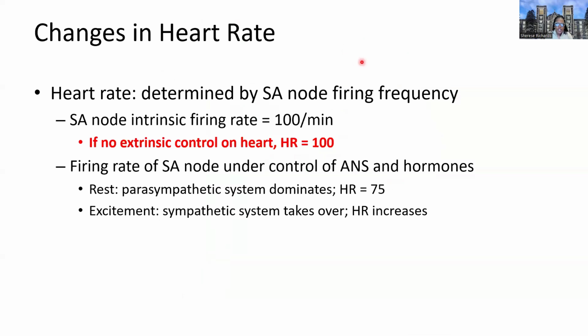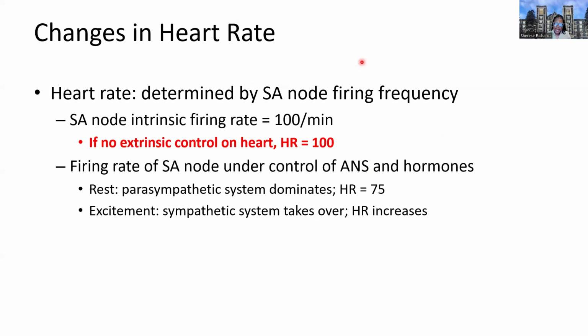Now, the heart rate will be determined by the firing frequency of the SA nodal cells. And if you look at their intrinsic firing rate, it's about 100 beats per minute. However, that is in the absence of any neuronal input, any hormonal input.